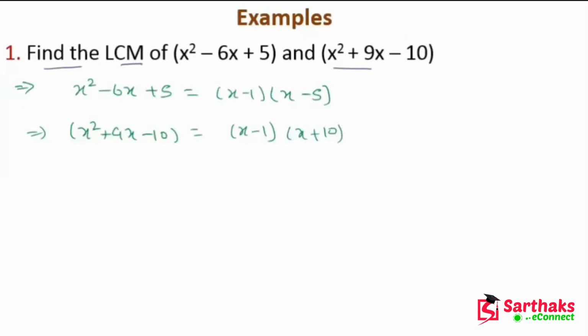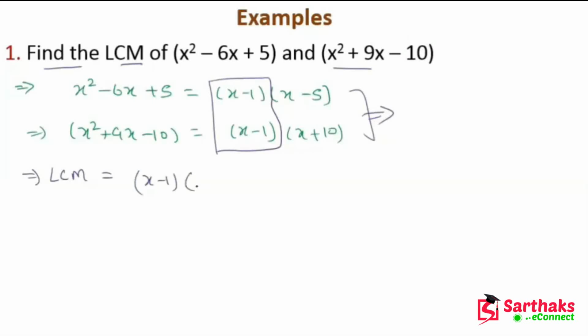Okay, my dear friends, so now what is the LCM? From these factors, first we have to take the common parts. So what are the common parts? This is the common part: x minus 1, and then write the rest of the uncommon parts.